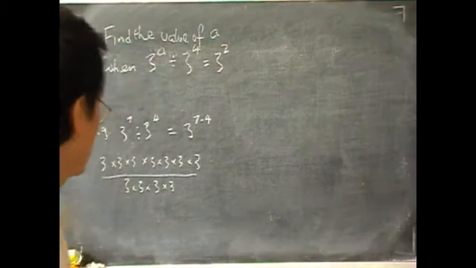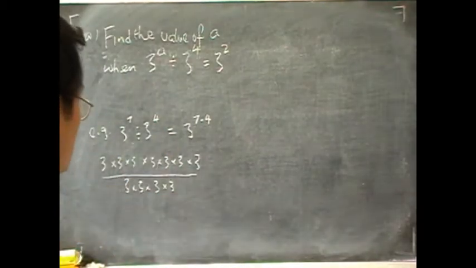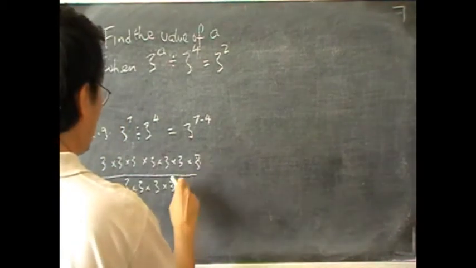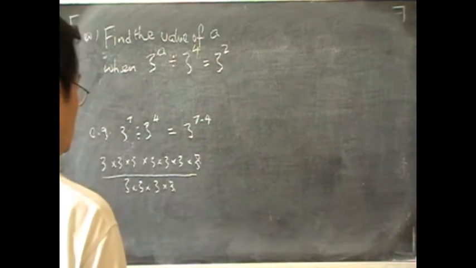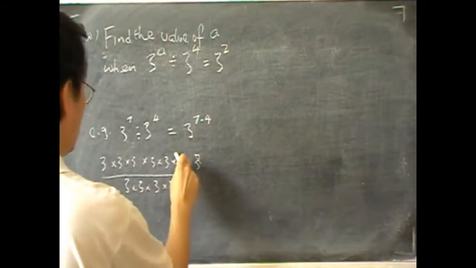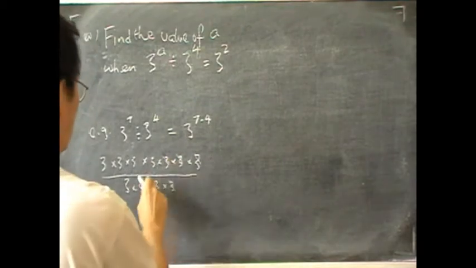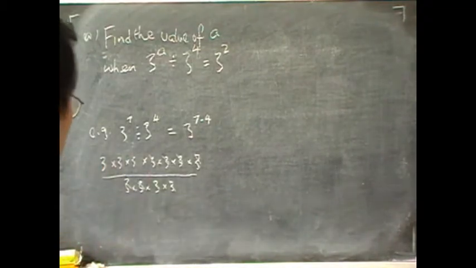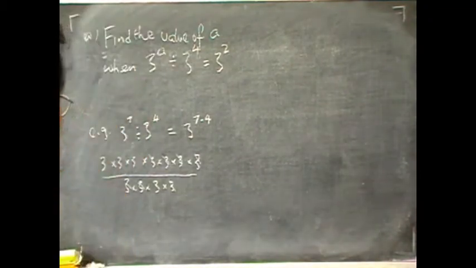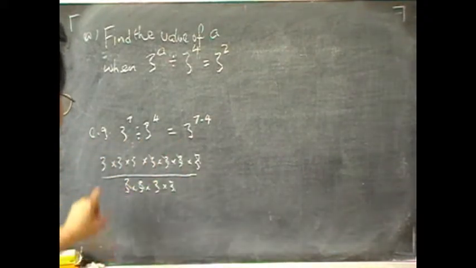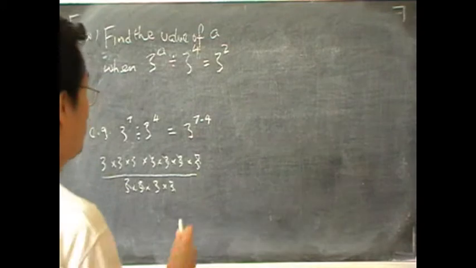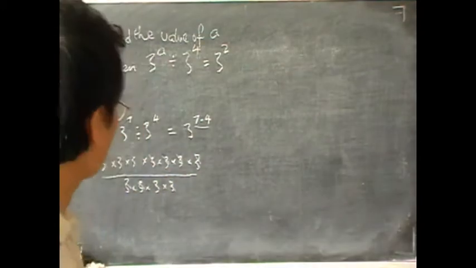So we have lots of factors of 3, and the way to find the answer quickly is to simply do the cancelling, divide the top and bottom by 3. Then we find that we have only 3 of the 3 left. A quick way to do this is to simply take the number of 3's on top, which is 7, minus the number of 3's at the bottom, which is 4. And that's how the 7 minus 4 comes about.